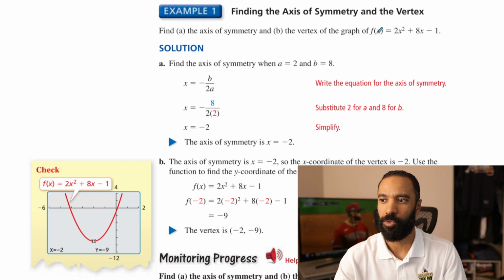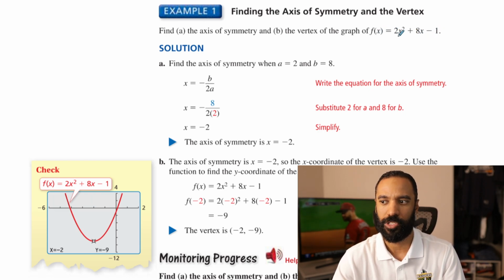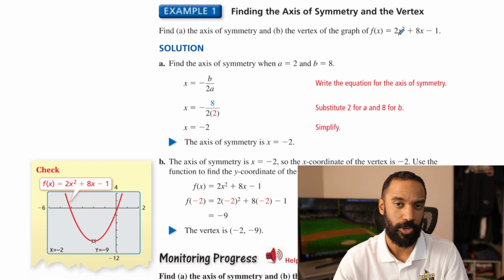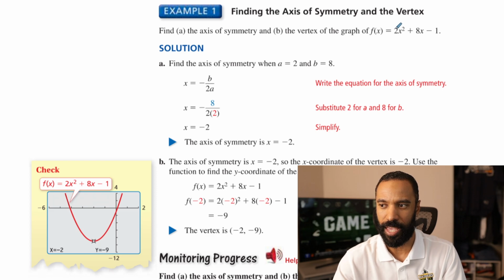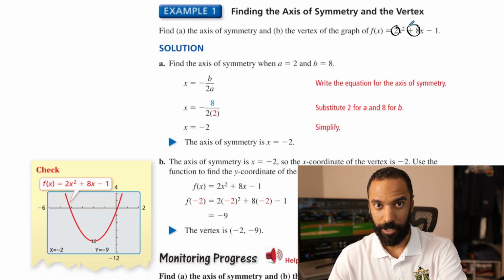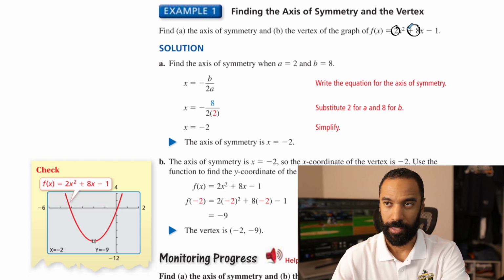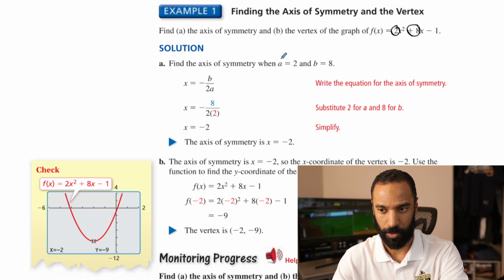So here's an example. We have y equals 2x squared plus 8x minus 1. And they want us to go ahead and find, they say the axis of symmetry first. That's fine. Let's find the axis of symmetry when a is 2 and b is 8. So here's a at 2 and b at 8. The x value of the vertex is negative b over 2a. That's also where you'll find the axis of symmetry at x equals negative b over 2a.